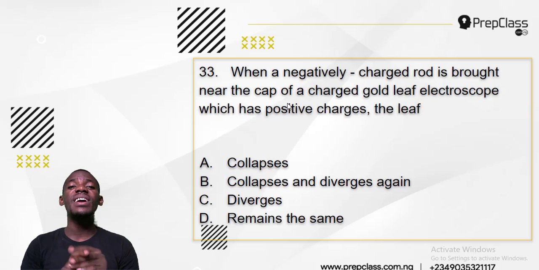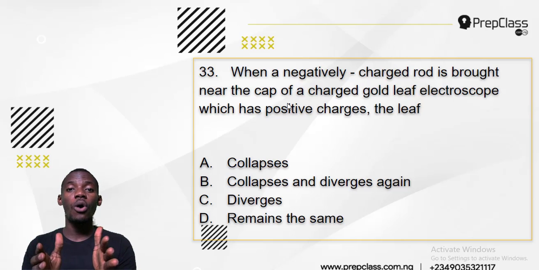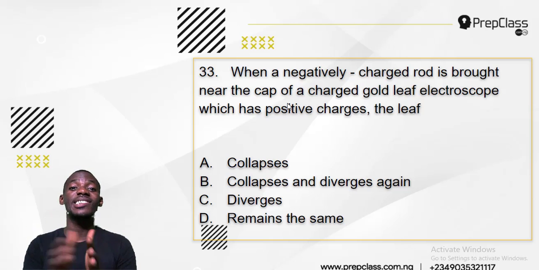Now the gold leaf indicates charges by closing or opening. That means it is by diffraction. It is by opening or closing that the gold leaf indicates charges.